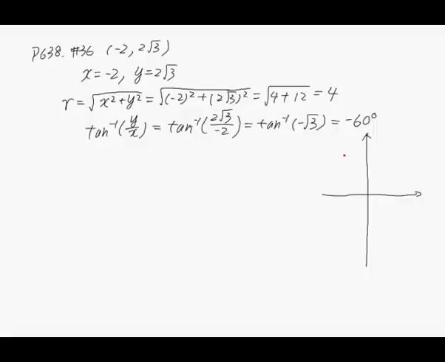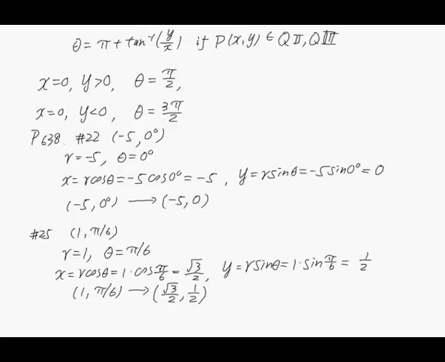So actually, negative 2 and 2 times root of 3, it's about here. Okay, so this is the negative 2 and 2 times root of 3. So it's in quadrant 2, right?